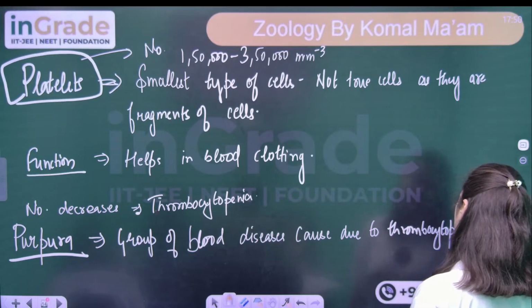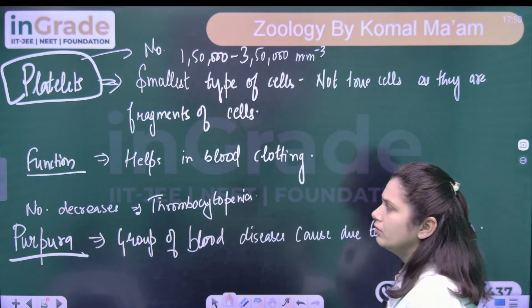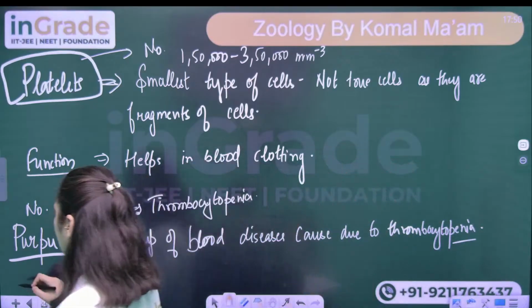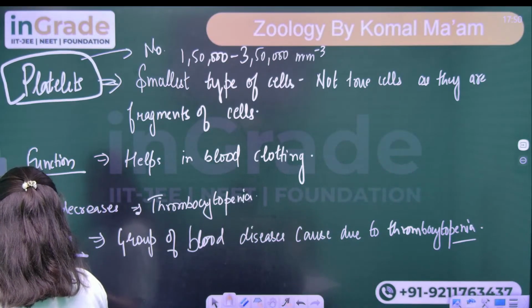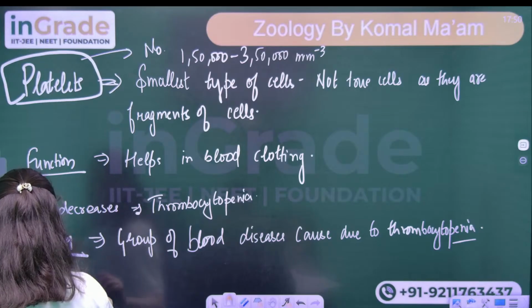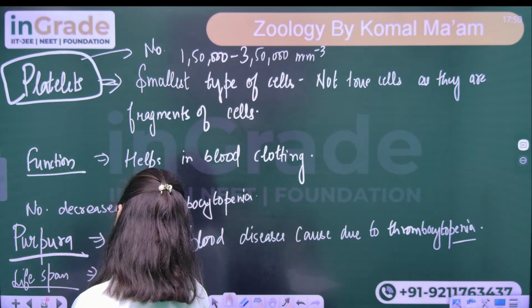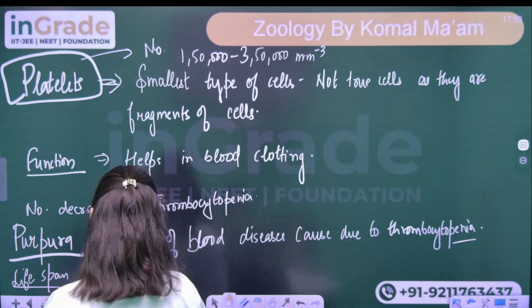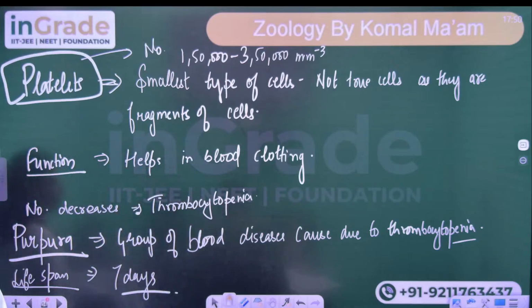What do you call it? Purpura. Okay class, and if we talk about their lifespan, it is around 7 days, that is 1 week. That's all.